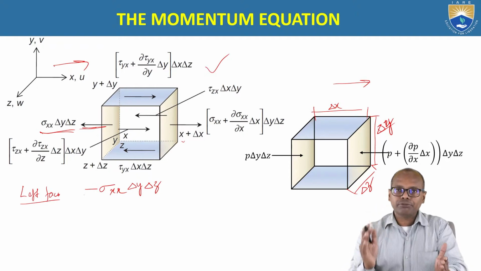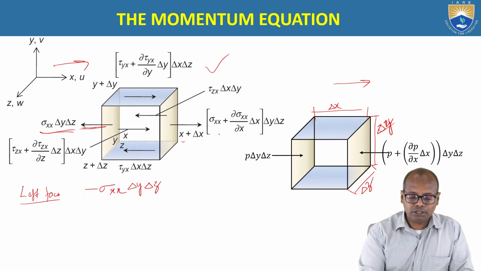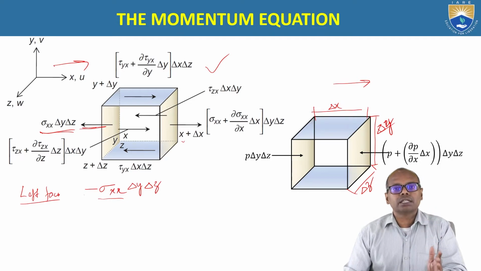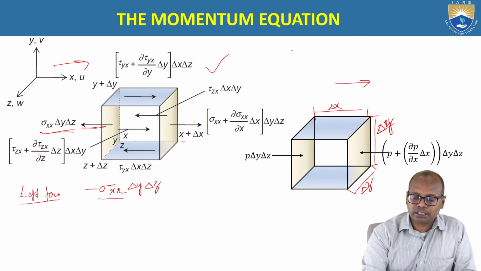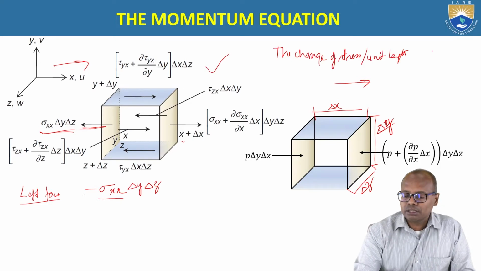Now on the right face you have a force. Now what is this force because of? This stress is not constant. This stress is varying per unit length. So the change of stress per unit length is equal to dou sigma xx by dou x.